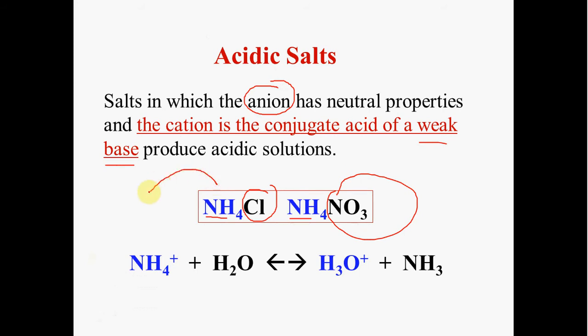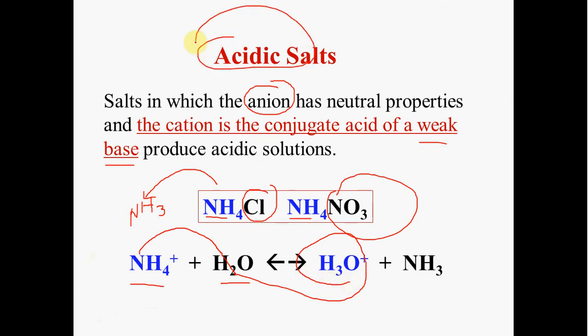The ammonium ion comes from the weak base NH3, so since the base is weak, the conjugate acid that's formed is stronger than water and can continue on to react with water by donating a proton to form the hydronium ion and give you an acidic pH.